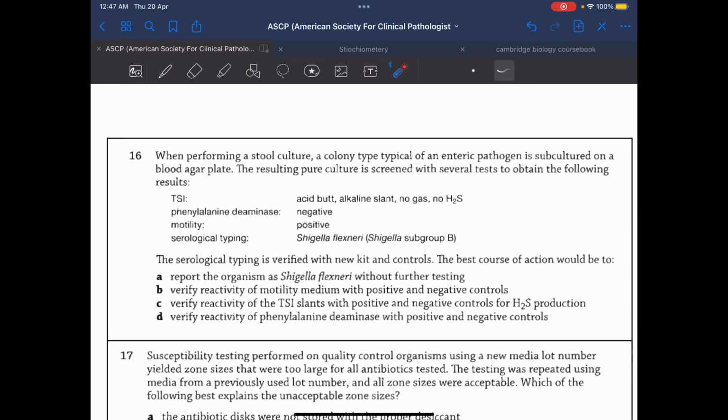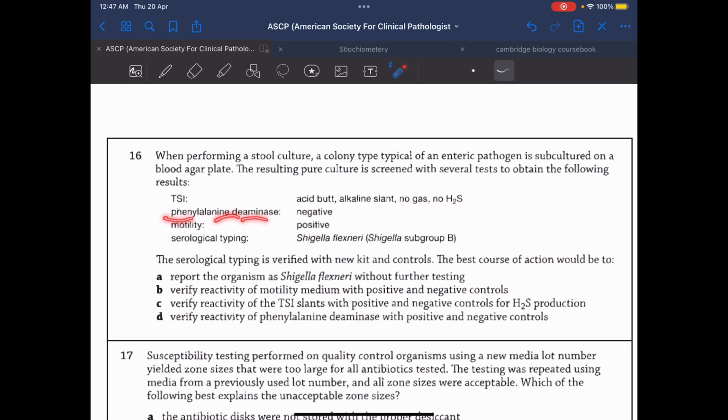Question number 16. When performing a stool culture, a colony type typical of an enteric pathogen is subcultured on a blood agar plate. The resulting pure culture is screened with several tests to obtain the following results. TSI: acid butt, alkaline slant, no gas, no H2S.